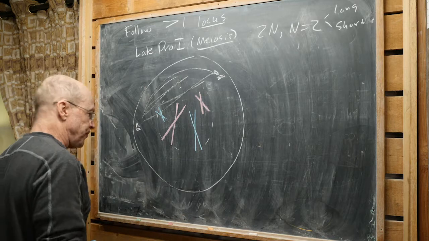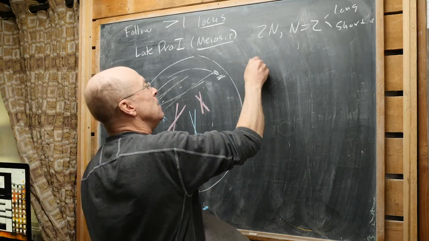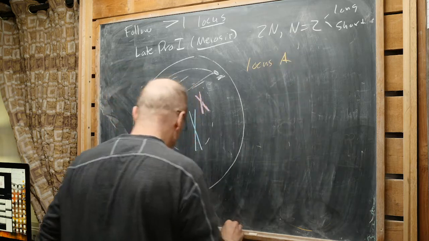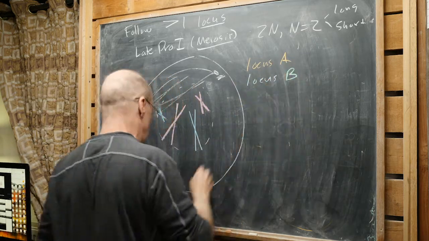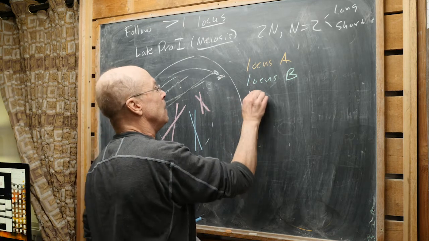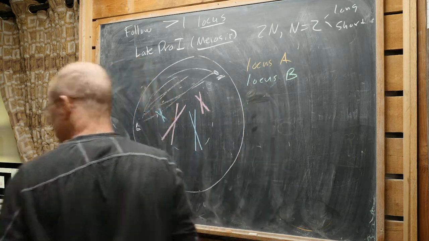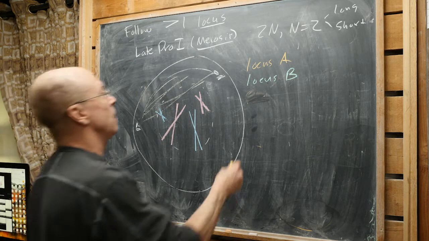So what I want to do is say that we have locus A, we have locus B in green, and let's get one more. Let's try yellow.